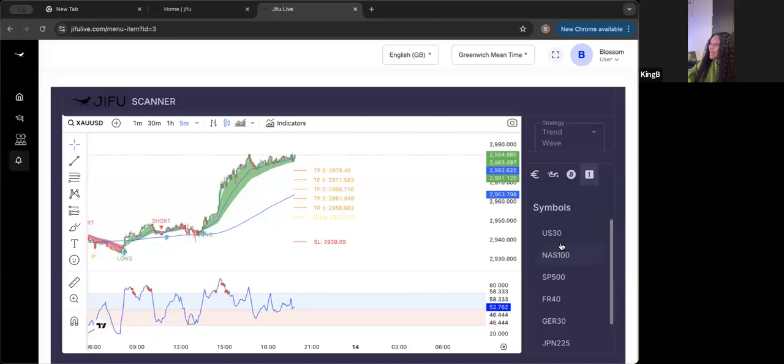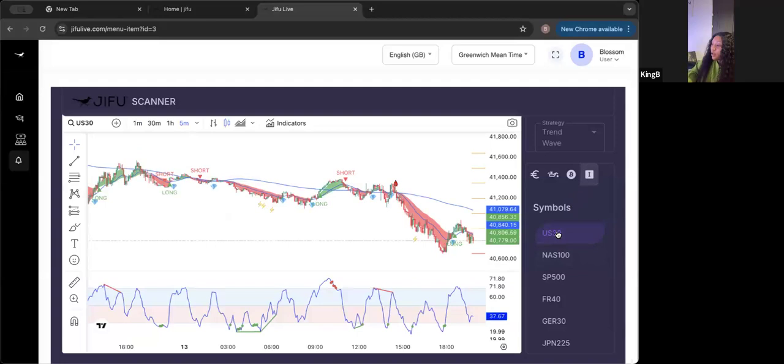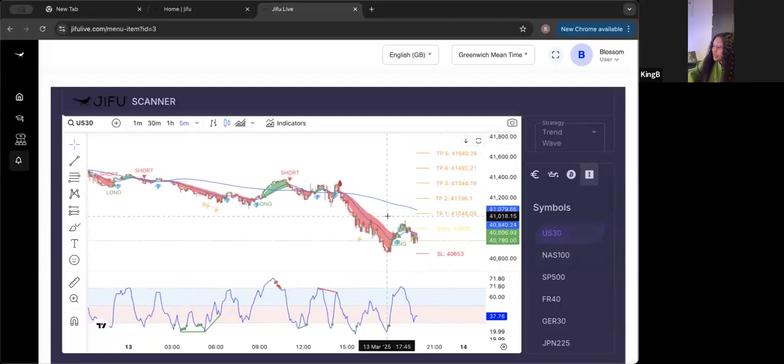Based on the trading sessions and times you just learned, indices pairs are for the New York session. So if you are going to be trading US 30, come and look at the scanner from the New York session time zone, which is 12 to 4.